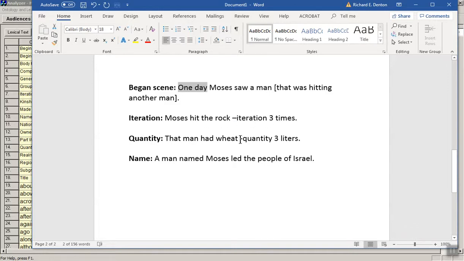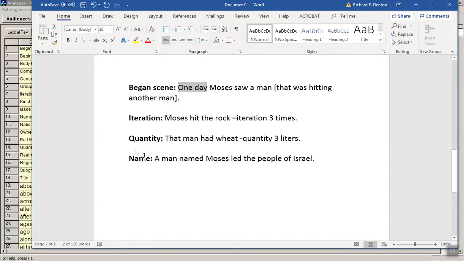Quantity. We express that with dash quantity. That man had wheat, dash quantity, 3 liters. And this is another point. Notice that I'm using liters. In the semantic representations, we use the metric system for measures, since the metric system is used throughout most of the world.